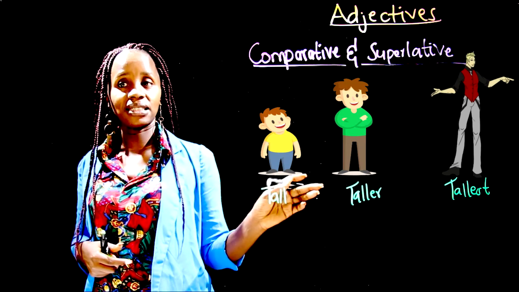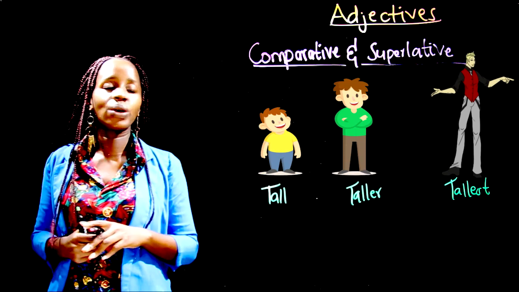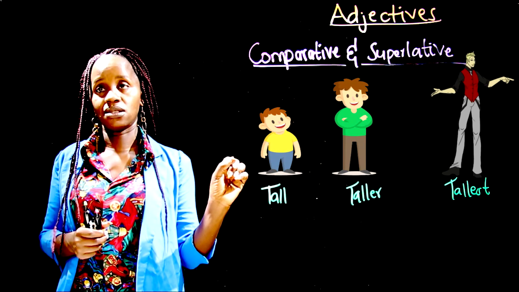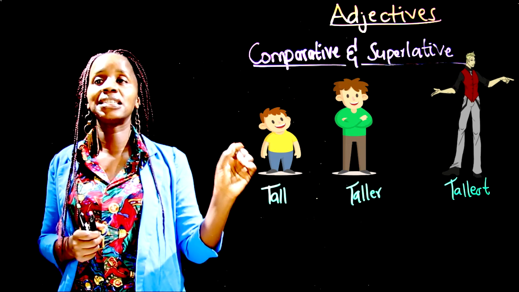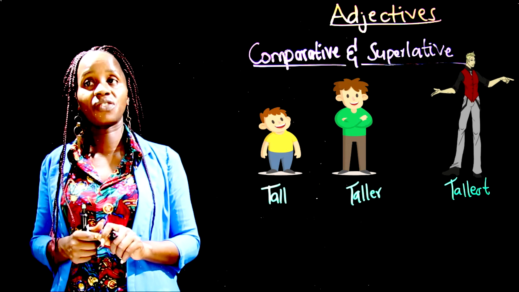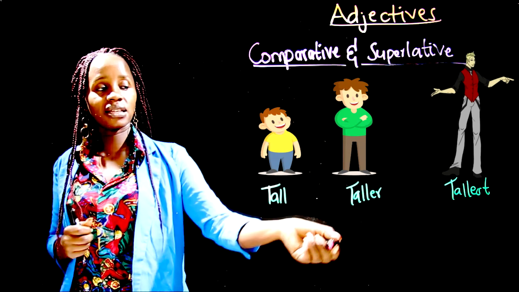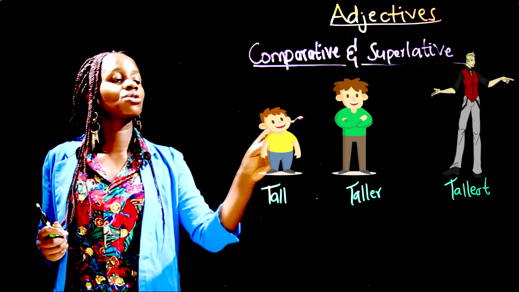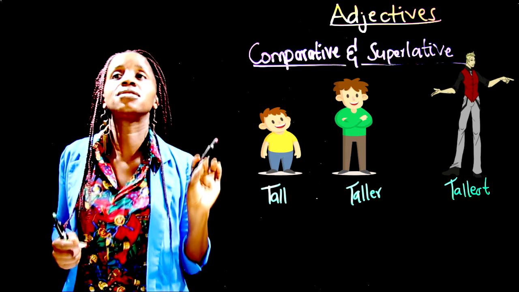Then, for superlative, as you can see the last picture there, we add est to the adjective in its normal nature. We add est. Okay, and est is a suffix. A suffix. We have prefixes and suffixes. So the suffix we are using here is er for comparative, but for superlative we add the suffix est.